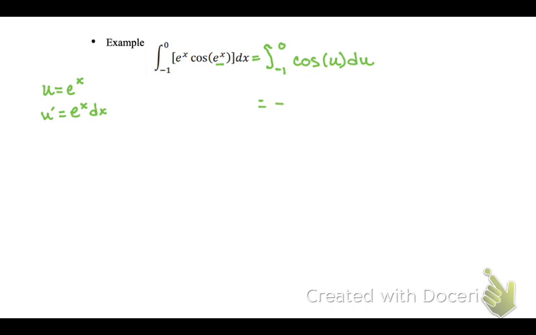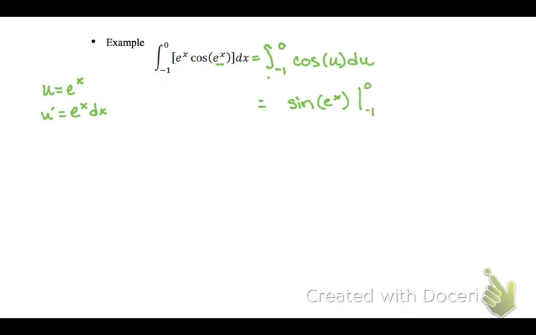Negative sine of u, which is e to the x. Do we want the integral or derivative of cosine? No, we want to integrate it. Just want it to be sine. Yeah, okay. Yes. Because we were finding, yep. Negative would be for the cosine. Okay, from negative 1 to 0.